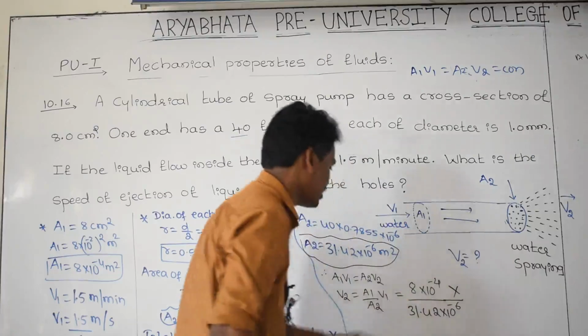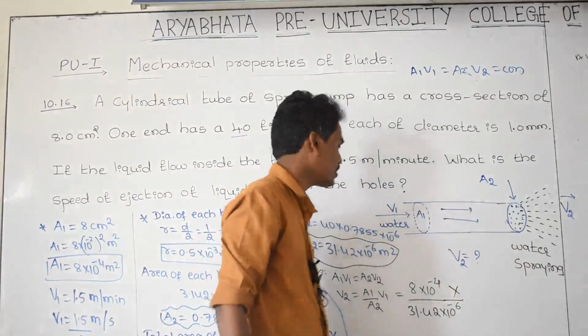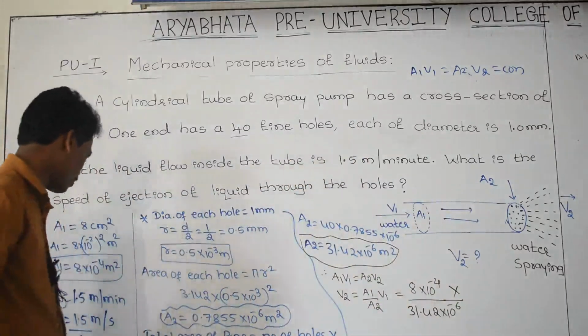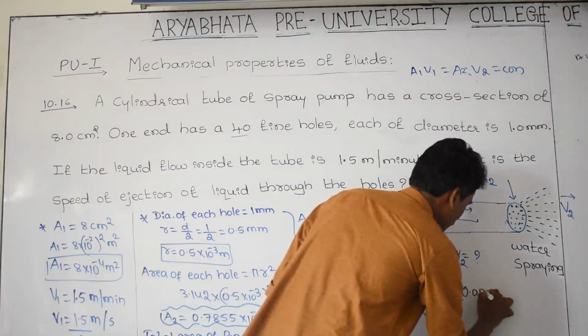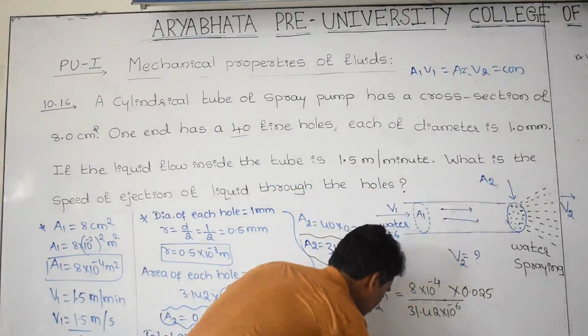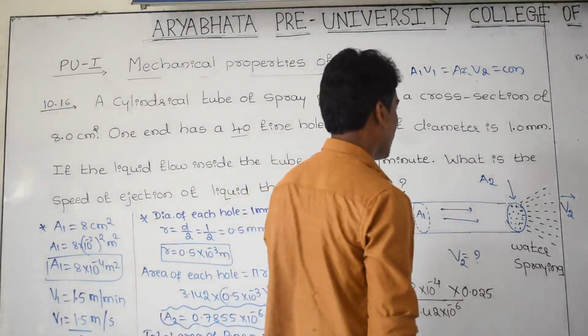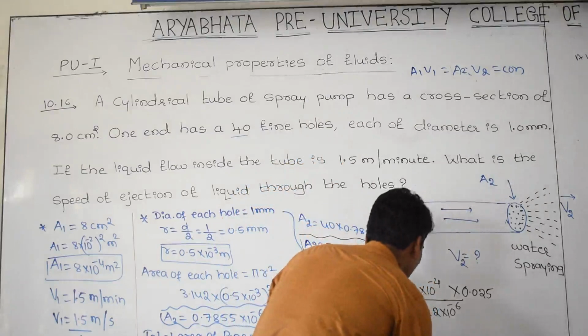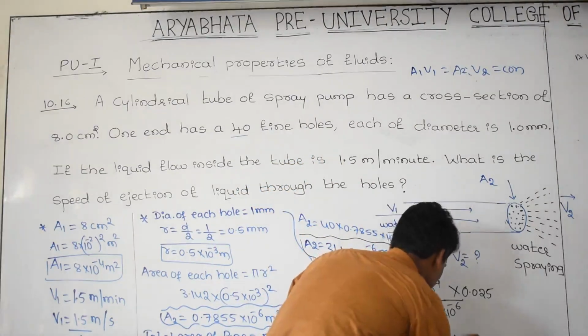And what is V1? The speed of the liquid inside the pipe, that he has given, is 0.025 meter per second. Check the answer. Finally you are getting V2 as 0.63 meter per second.